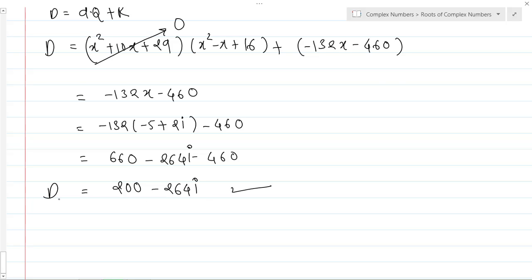So the value of the given polynomial for x equal to minus 5 plus 2i is this answer: 200 minus 264i.